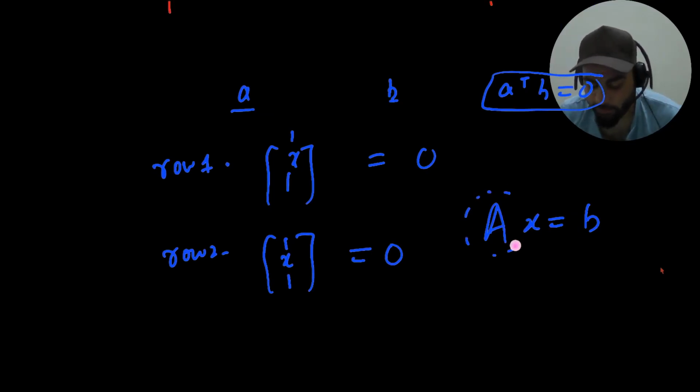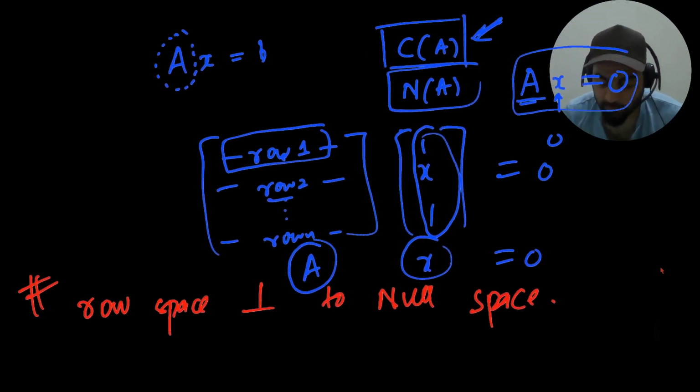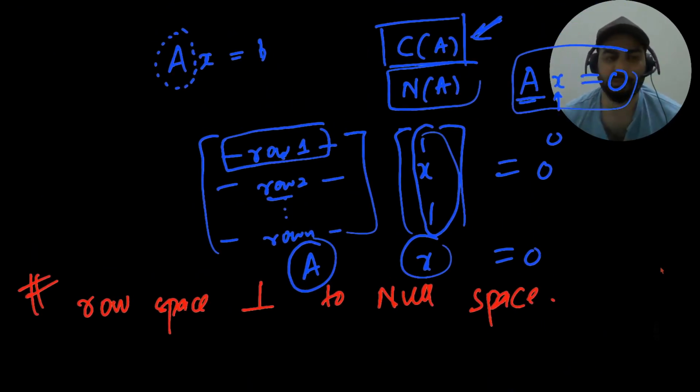Take any row, multiply with x, and that will give us 0. So can I claim now that these rows are perpendicular to any vector x that takes the whole matrix to 0?